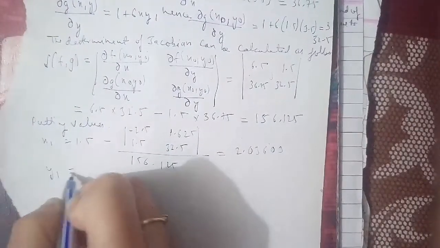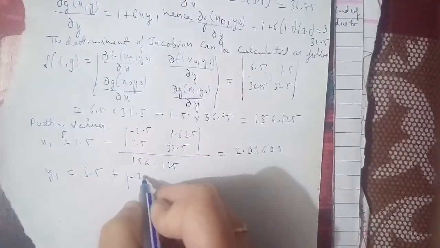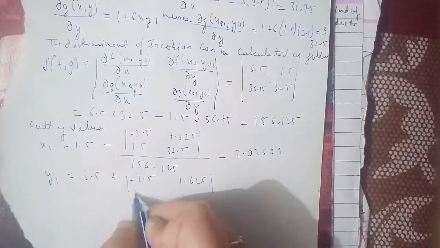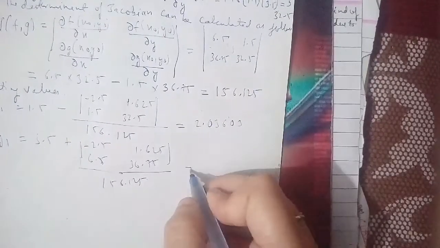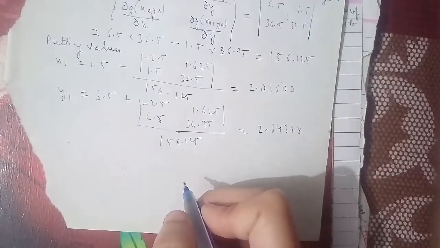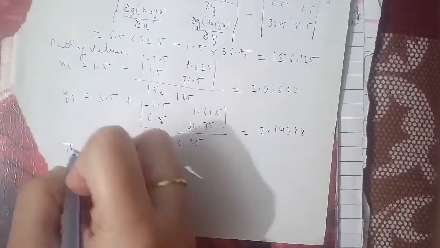For y1, it equals 3.5 plus the quantity with -2.5, 1.625, 6.5 and 36.75, all upon 156.125, which equals 2.84388 that we get.